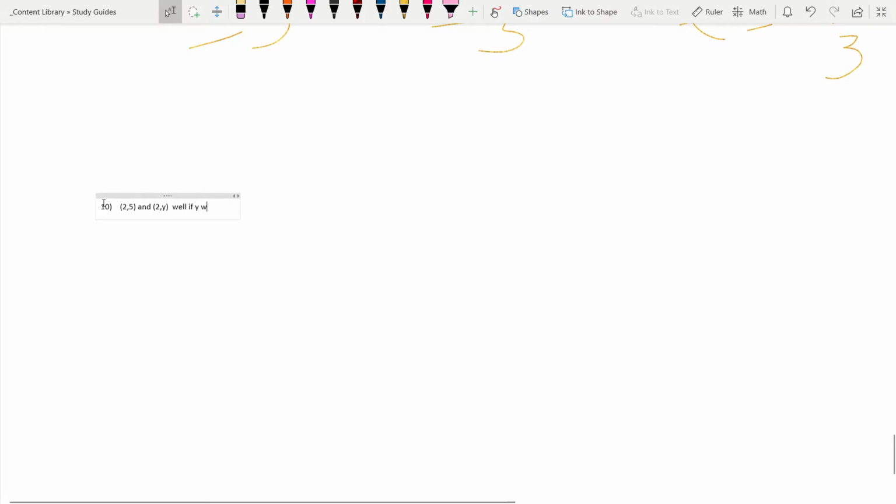Well, if this was a function, then y would have to be a 5 again, because that means button 2 gave you 5 at the beginning, and then it gave you another 5. But since they don't want a function, y needs to be anything except 5.